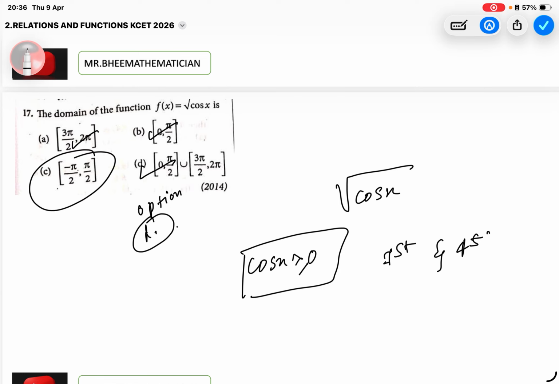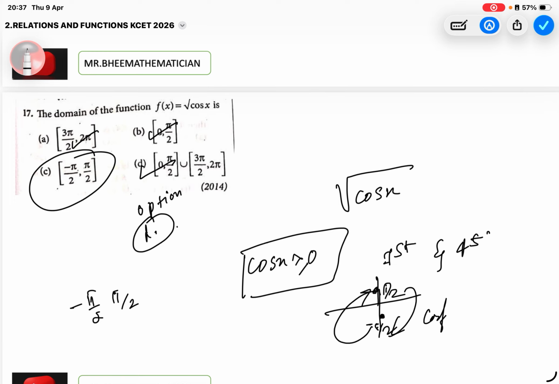Option C is also correct. Why minus pi by 2 to pi by 2? Because sometimes minus pi by 2 is here and plus pi by 2 here, and there is confusion about whether he is measuring from this side or this side. So minus pi by 2 to pi by 2 is also a better answer.